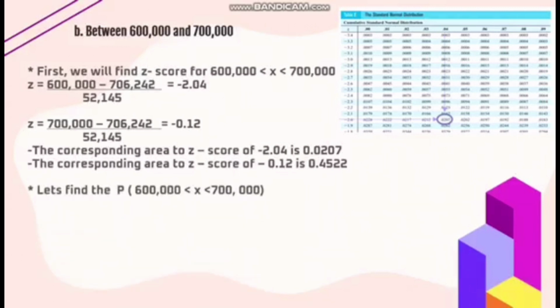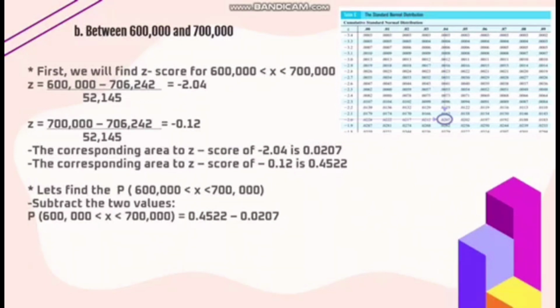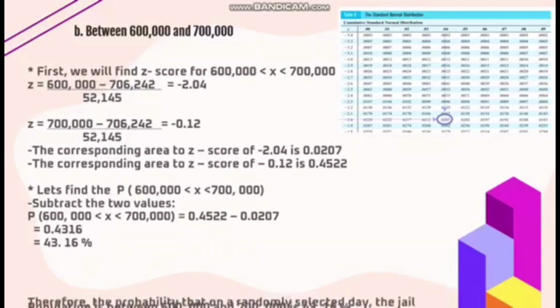0.4522. Let's find the probability that 600,000 is less than x is less than 700,000. Subtract the two values: 0.4522 minus 0.0207 is equal to 0.4316, or that is 43.16%.